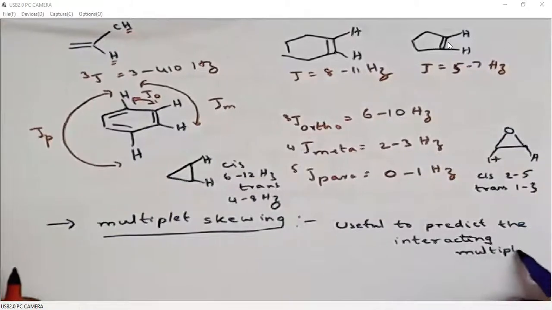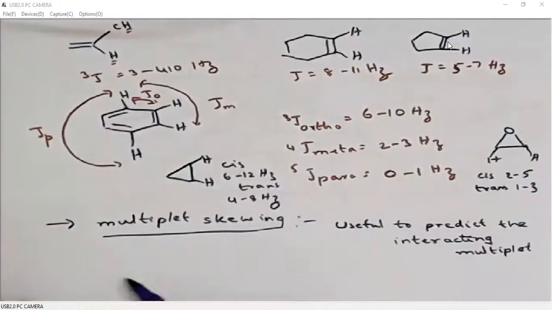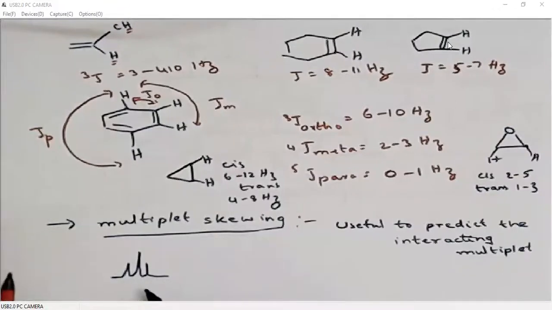So which multiplets are interacting with each other? Generally, a triplet looks like this with 1:2:1 intensity. But when multiplets are interacting with each other, we will observe an uneven intensity for one end.